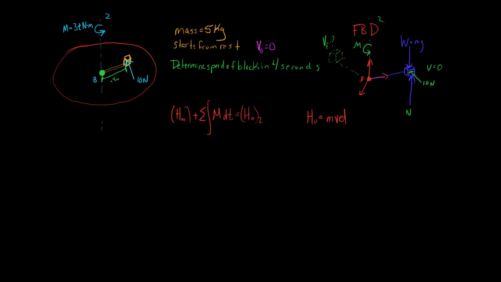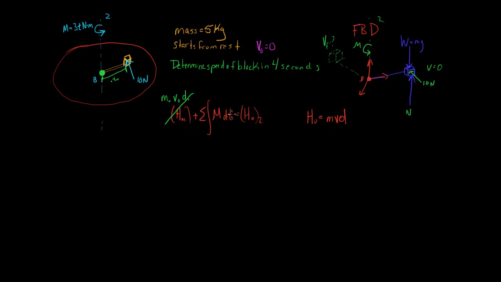So right here, because our initial velocity is 0, this part of the equation goes away. We know that this part of the equation is not going to go away because we have this moment right here, and we have this force that's going to create another moment right here. So this part of the equation doesn't go away, but we can solve for it.